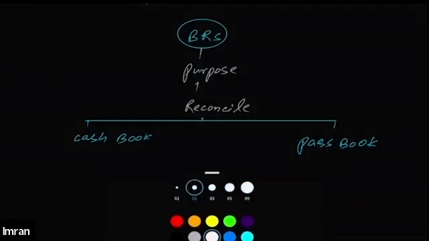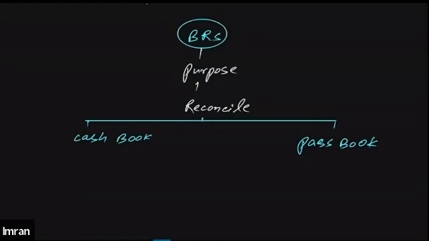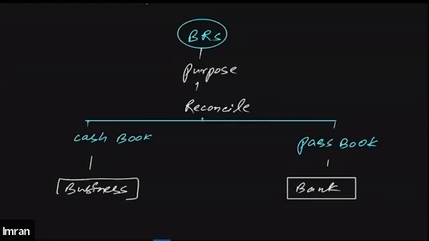See, who maintains the passbook? The passbook is maintained by the bank. The bank maintains the passbook, yes or no? And the cash book is maintained by the business. You understand that? The business maintains an account in the bank, and the bank maintains a passbook to record the inflow and outflow of cash.